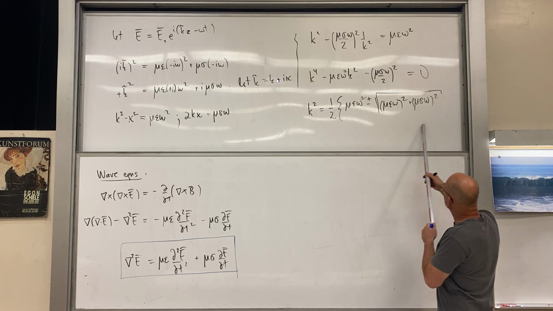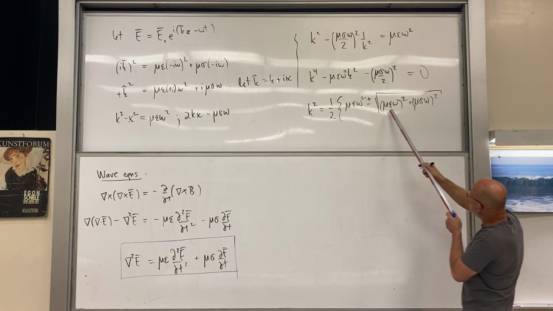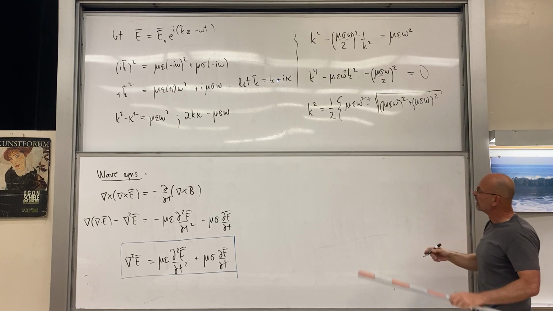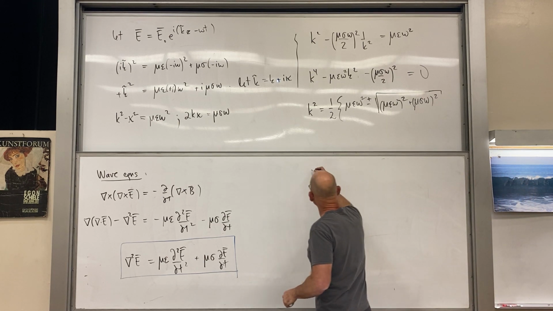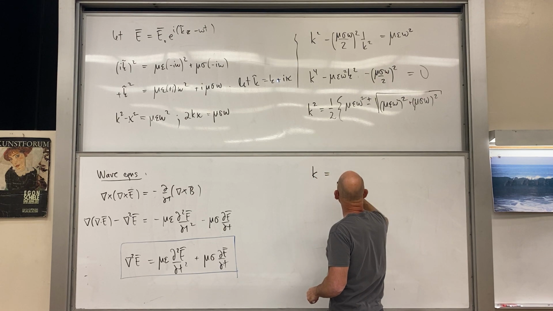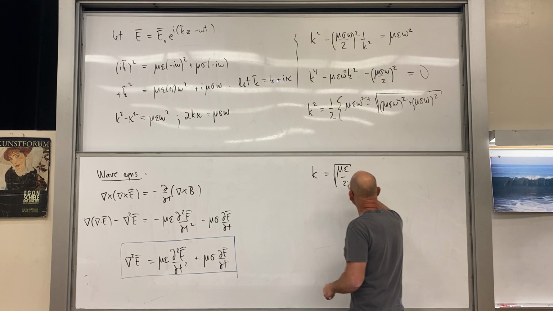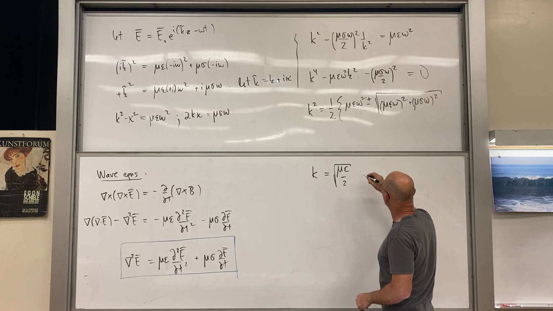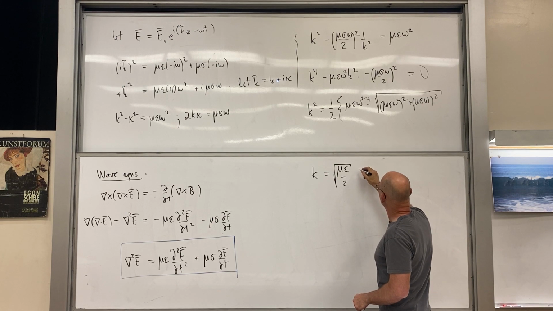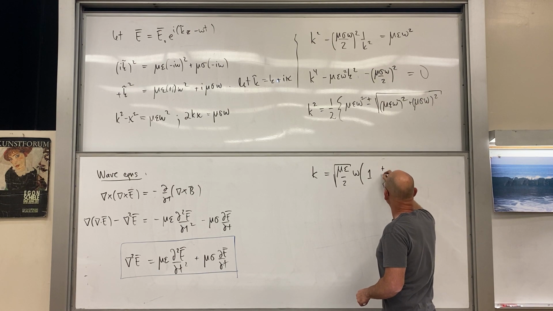So we want to take the whole square root of this. And we can see we've got mu epsilon omega squared. We can pull that out. So we're going to end up with k equals root mu epsilon omega times 1.